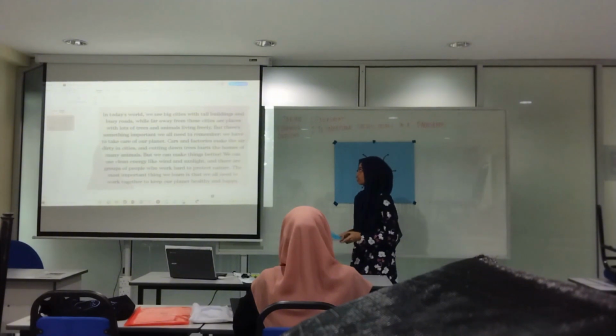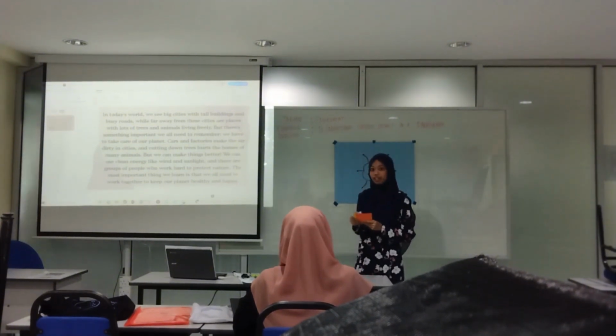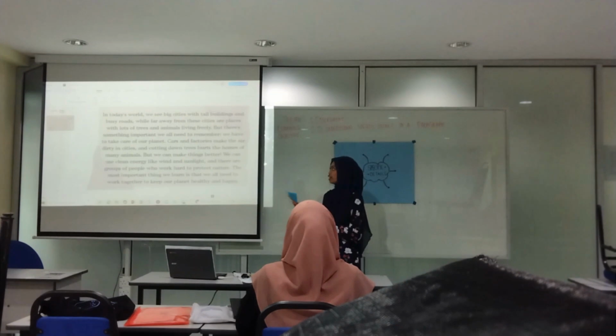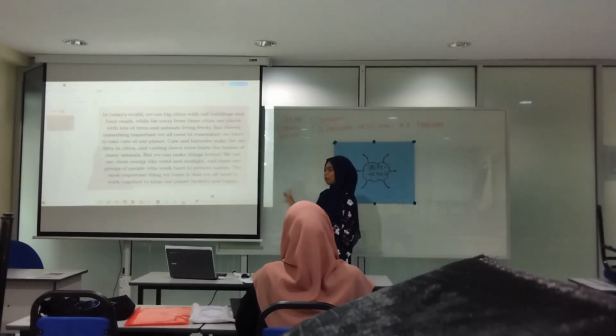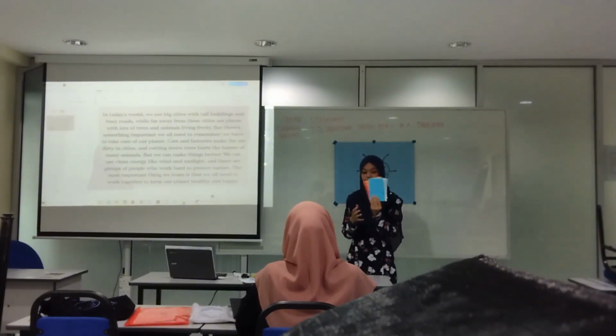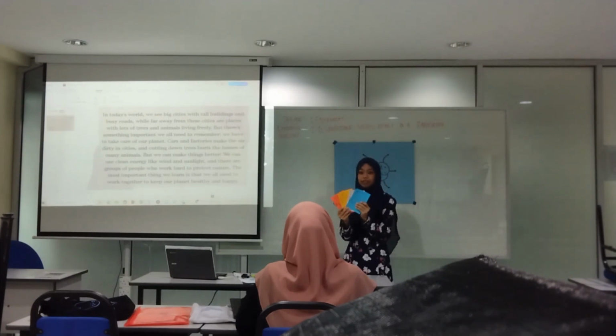In these activities, I want you to identify the specific details in the paragraph. Now, did you see the paragraph in the front? Yes. This is the paragraph in which I want you to find the specific details. Then, did you see the six pieces of paper in my hand?